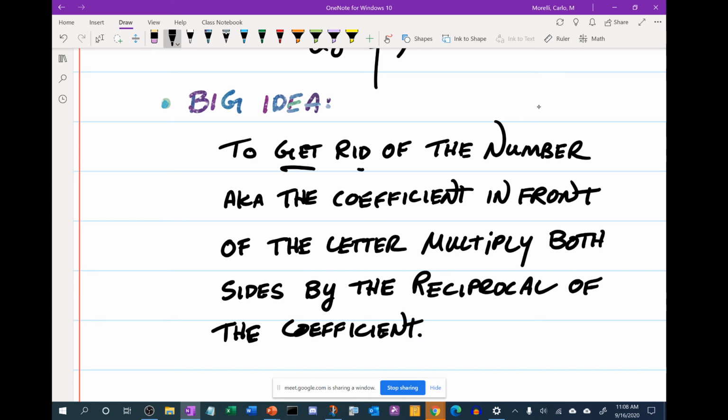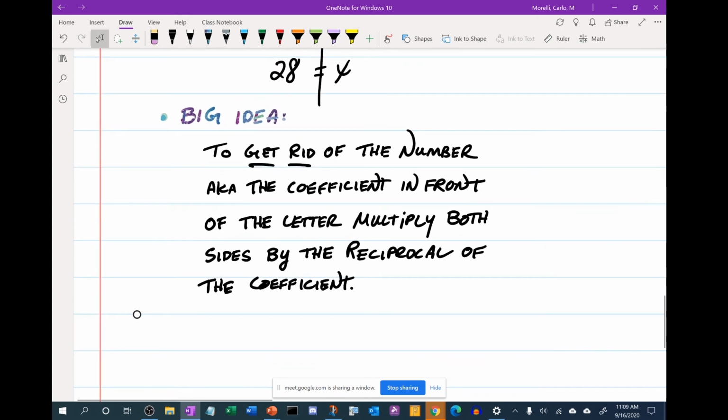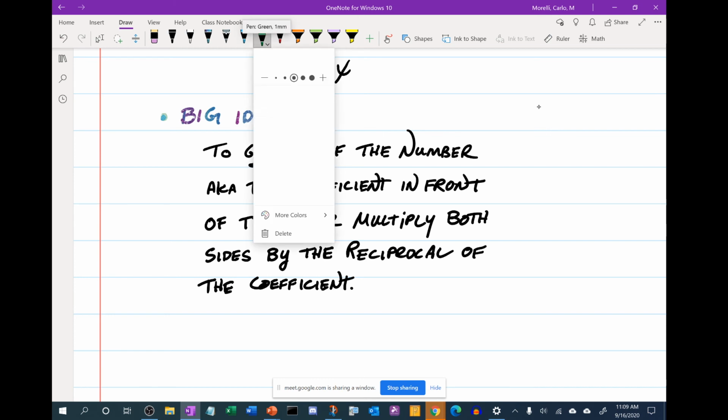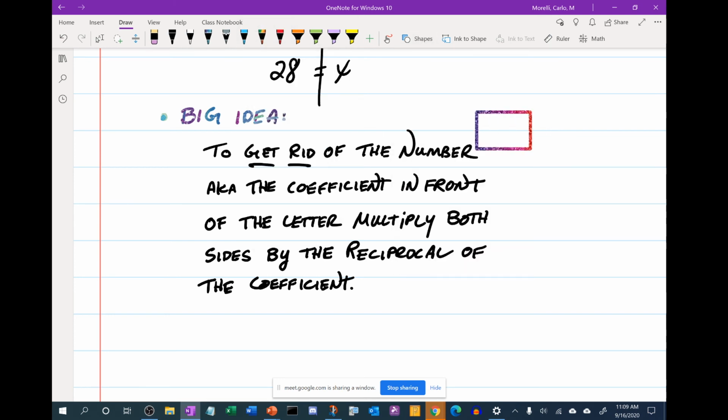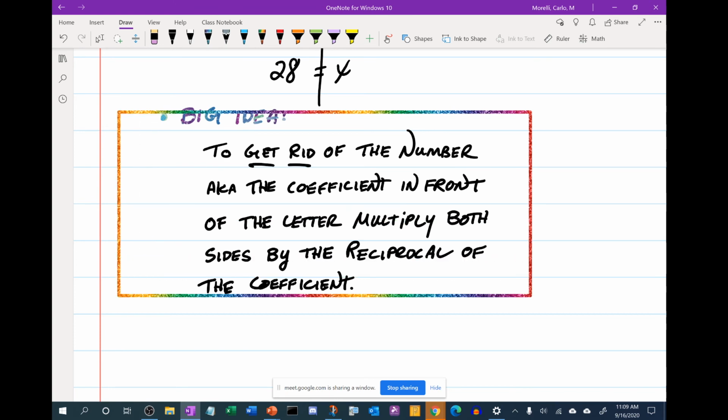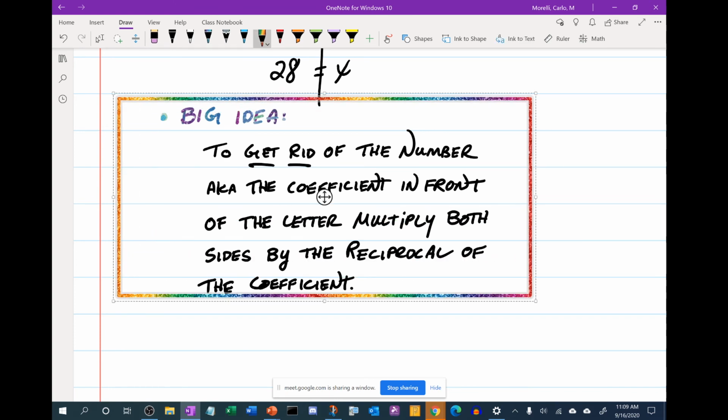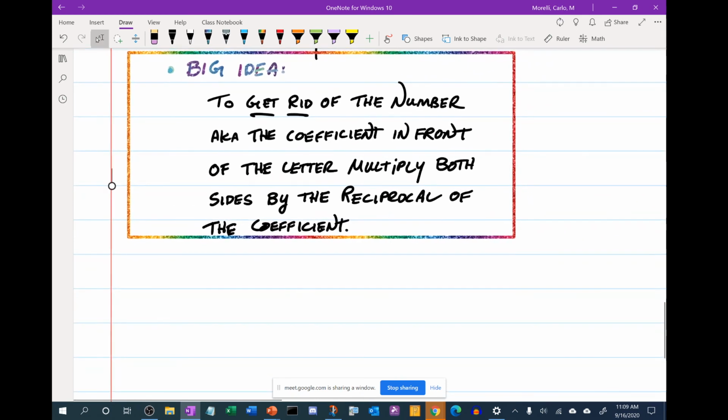We want to get rid of the number because we want x by itself. This was my big idea. Let me put it in the special order. And we'll continue with our examples here as you guys write that down. I want you to keep that in mind as we do this next example.